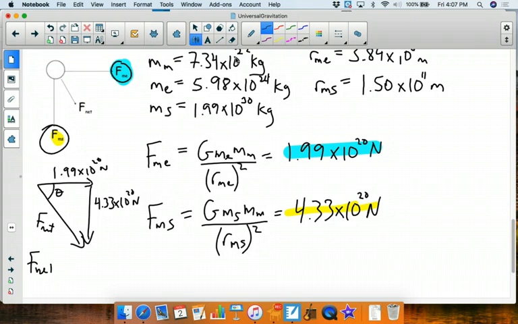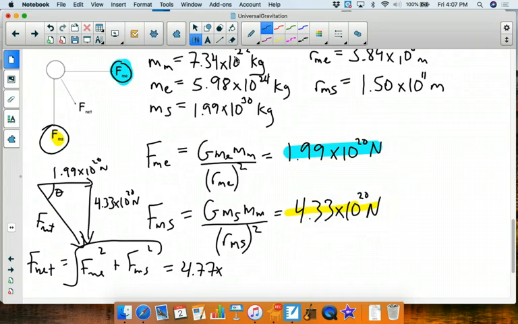So the net force is just going to be the square root of F_ME squared plus F_MS squared. And when you plug all that in, you get 4.77 times 10 to the 20 newtons. And then theta is just going to be the inverse tan of F_ME, so the force between the moon and the Earth, over the force of the moon and the Sun.